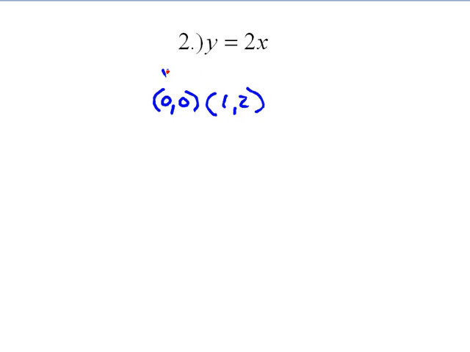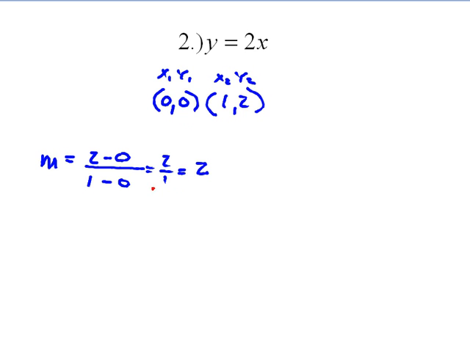So this is our x1, y1, and our x2, y2. Now we had that formula for slope, we called it m. And we had y2, which is 2, minus y1 over x2 minus x1. So that gives us a slope. This is the rise, this is the run, or we can just say it's 2.